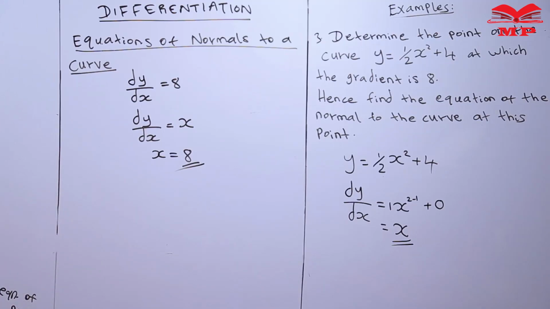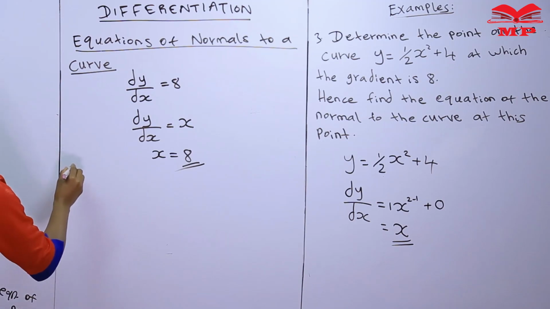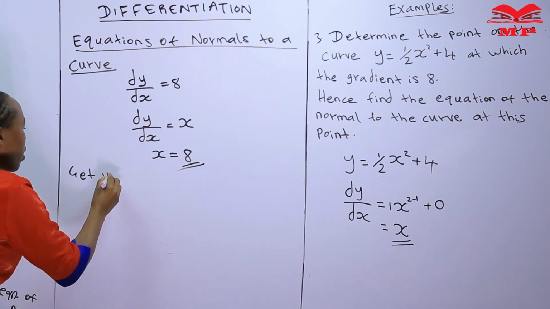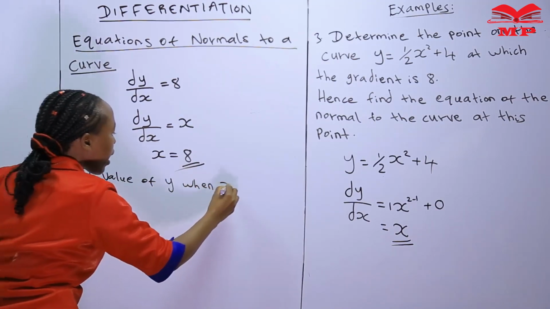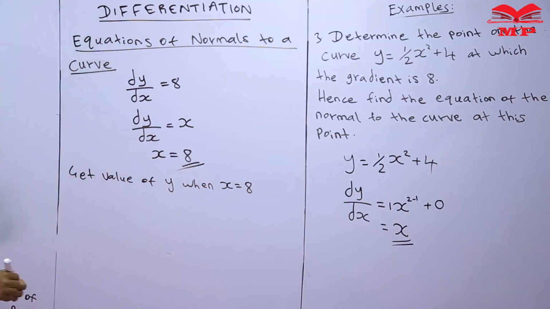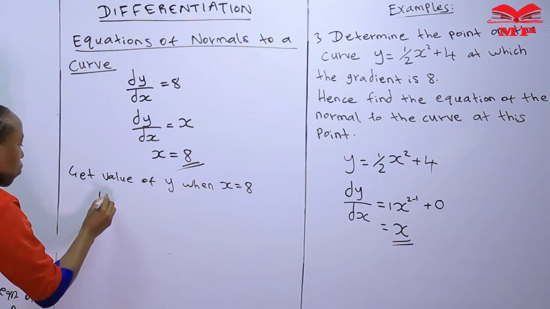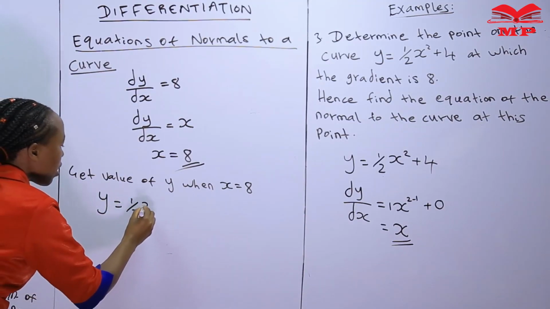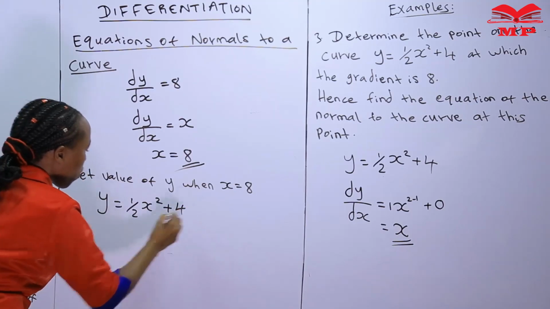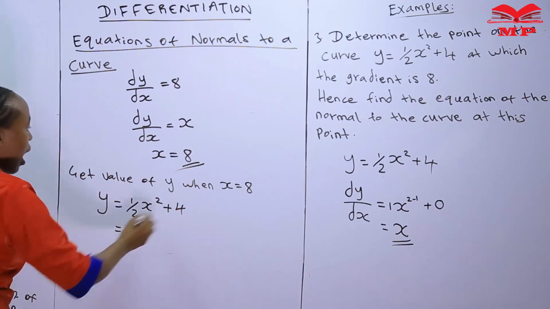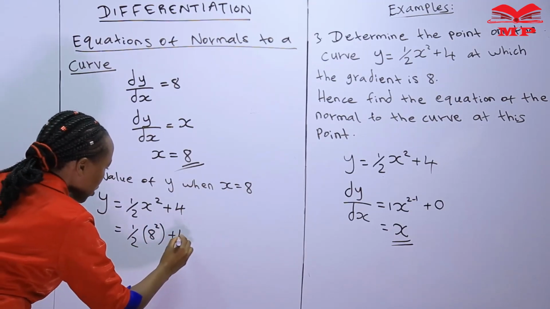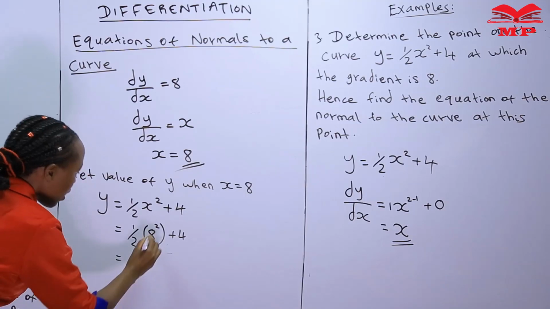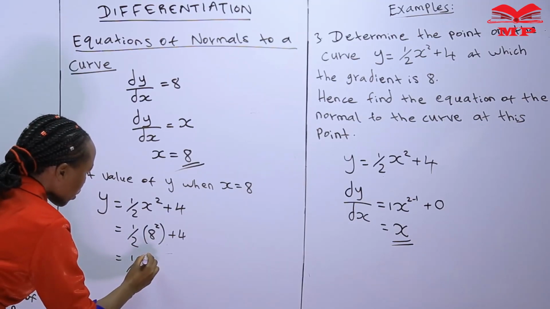So that is the first point, because we want to get the coordinate now. Now we come and get the value of y when x is equal to 8, so that we can get that coordinate. So we have the curve y is equal to a half x squared plus 4. So we have a half, our x is 8, so we have 8 squared plus 4. 8 squared is 8 times 8, which is 64.